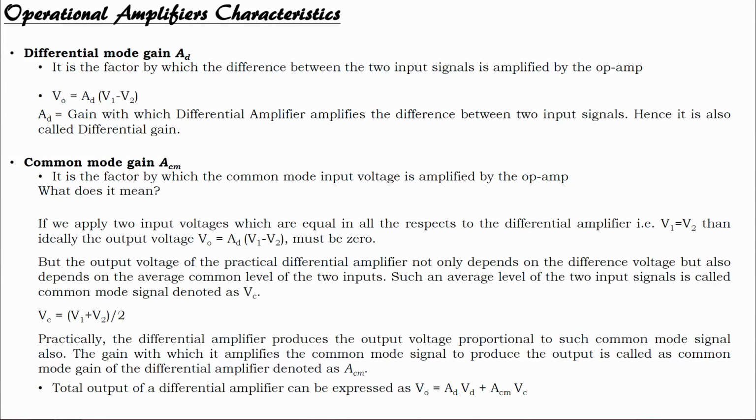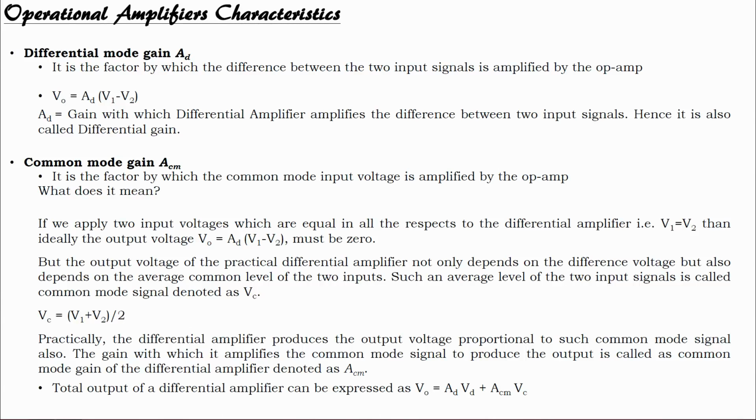Output voltage VO equals differential gain into V1 minus V2, and V1 is equal to V2, so the output voltage should be 0.